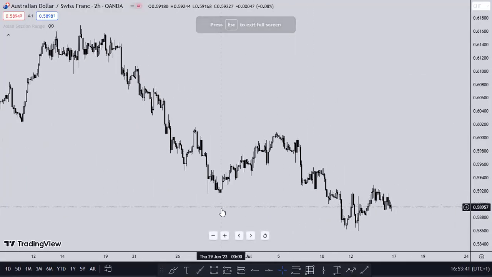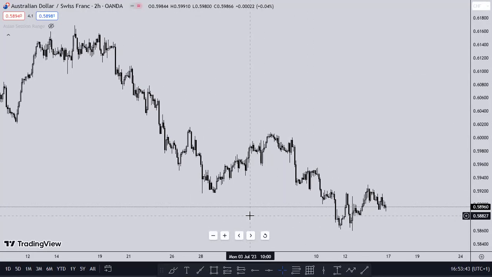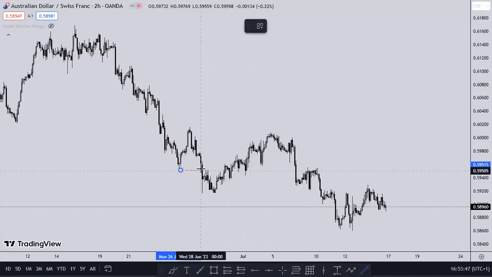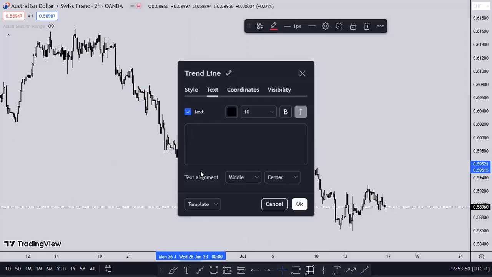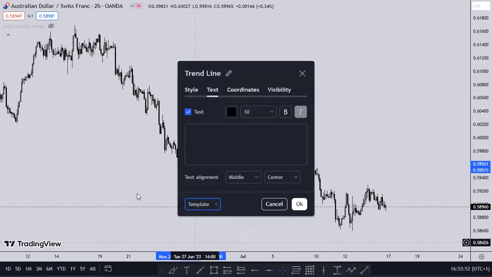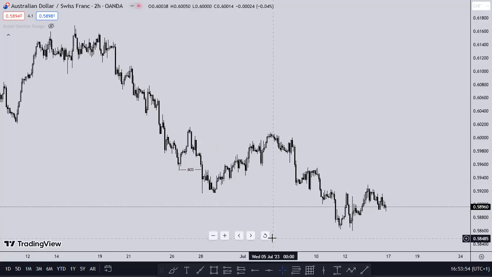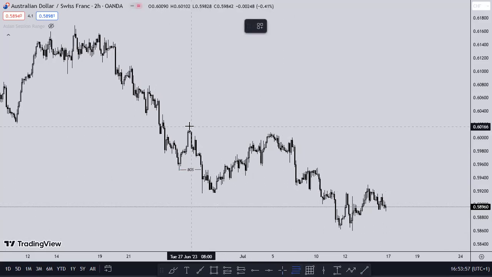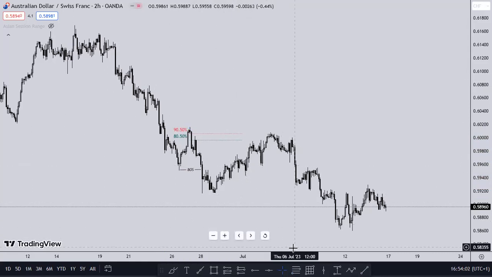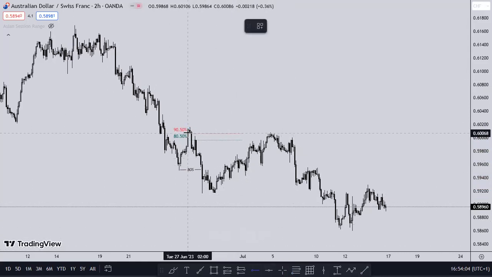So you can possibly see that this market is in a downtrend. It's very clear, and we have a break of structure here. When I put my Fibonacci retracement to here, here's my golden level.